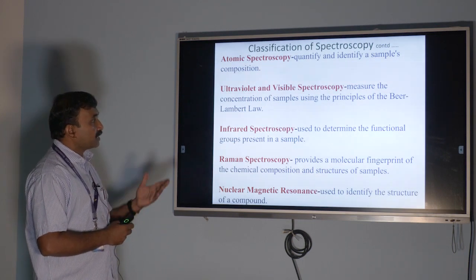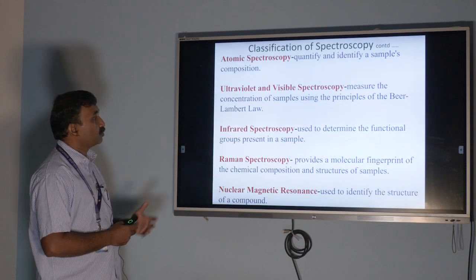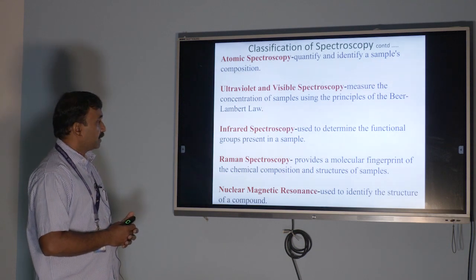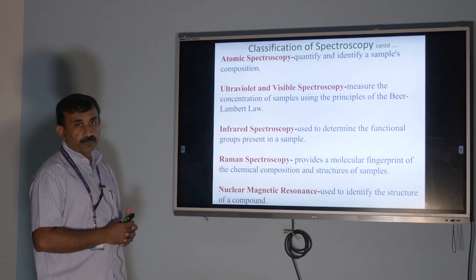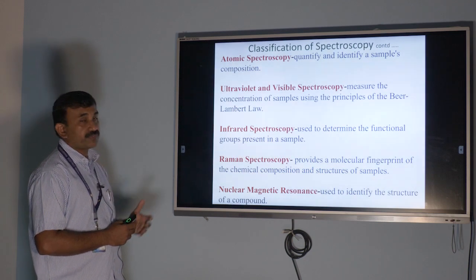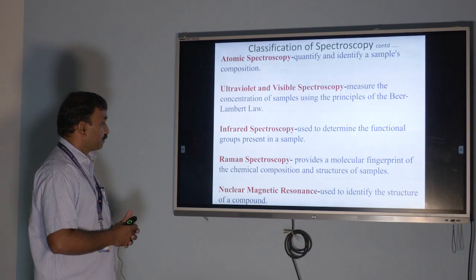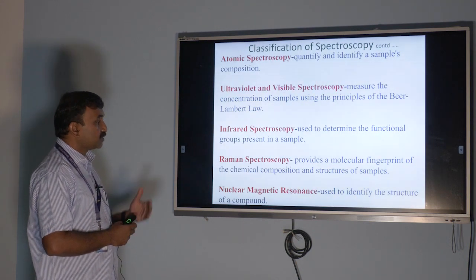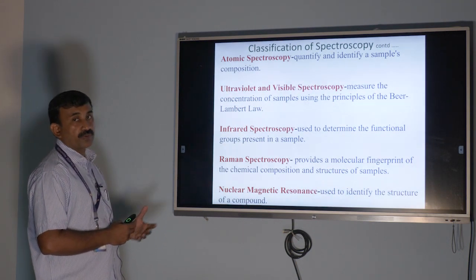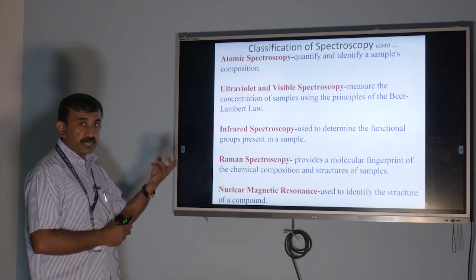Infrared spectroscopy is used to determine the functional groups present in a sample. Raman spectroscopy provides a molecular fingerprint of the chemical composition and structures of samples. Nuclear magnetic resonance is used to identify the structure of a compound based on the spinning of nuclei.